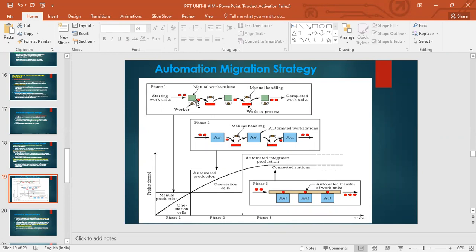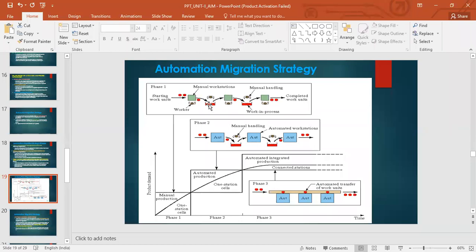So you have work in process in between. After the first workstation, the products come out, and you have manual handling. The entities you see in between are humans who are manually handling those incomplete work parts from the first workstation to the next, and so on.